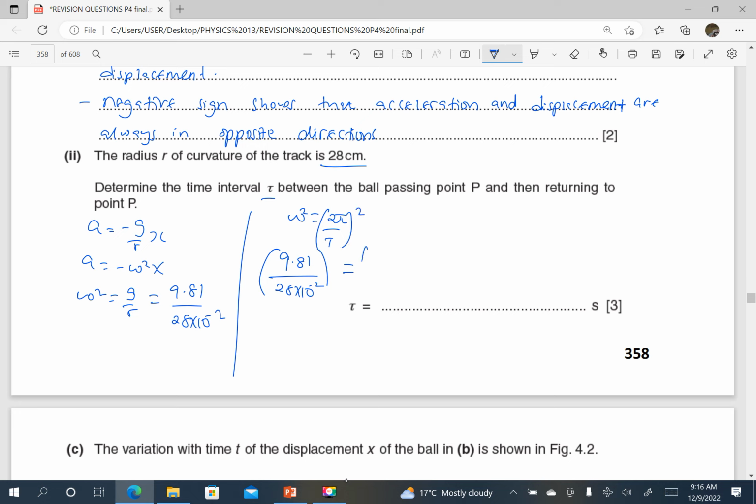So I'll begin by dividing 9.81 by 28 times 10 power negative 2, and find the square root. Then I get 2 pi divided by that. So T is going to be 2 pi divided by the square root of 35.